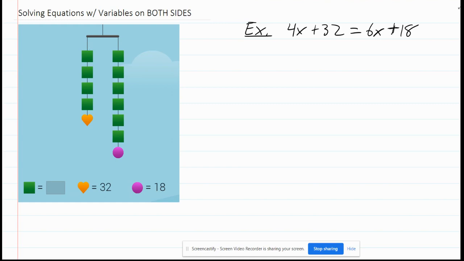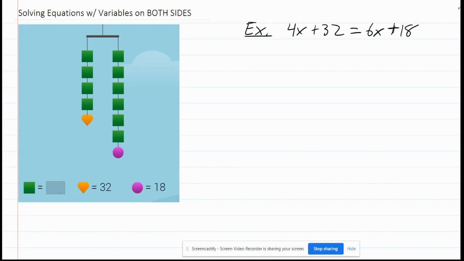in a mobile problem. So if we have this mobile problem here, the shapes on the left balance or equal all the shapes on the right. So 4 squares and a heart have the same weight as 6 squares and a circle.